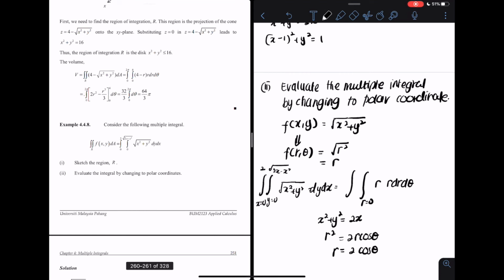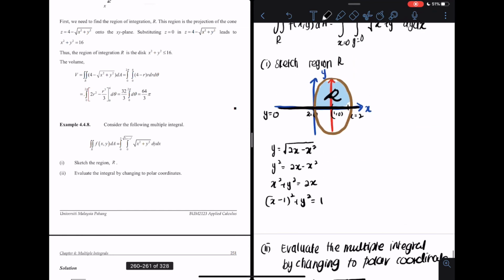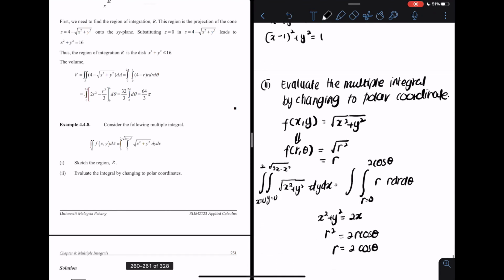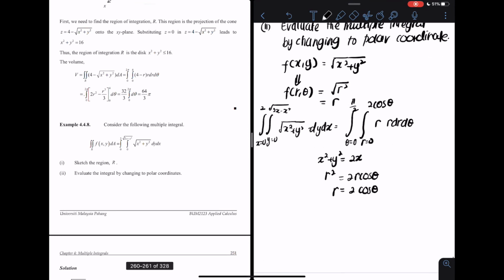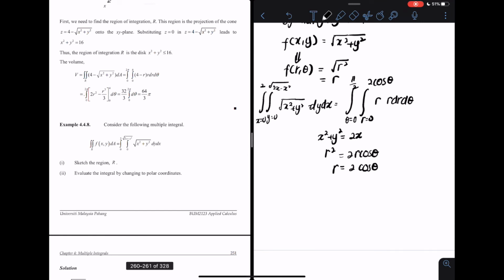So the upper limit with respect to variable r is equal to 2 cosine theta. Meanwhile, since this region R lies in the first quadrant, hence theta is from 0 until pi over 2. Let's try to solve this problem.